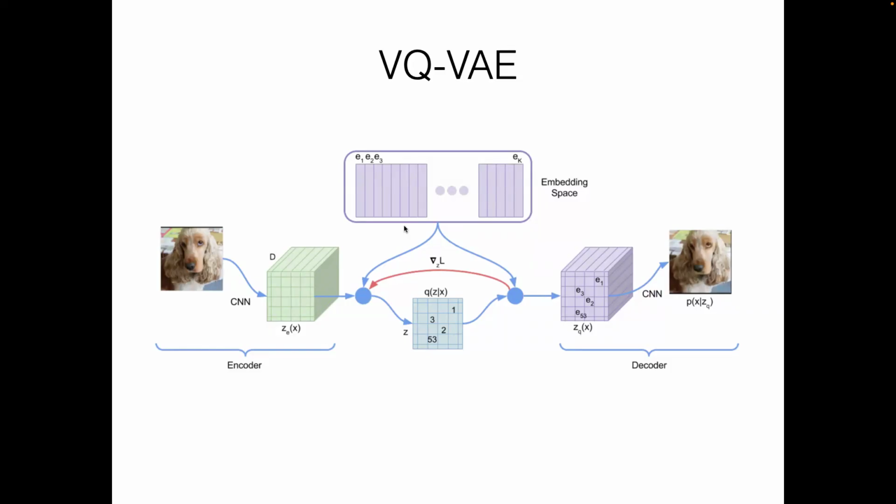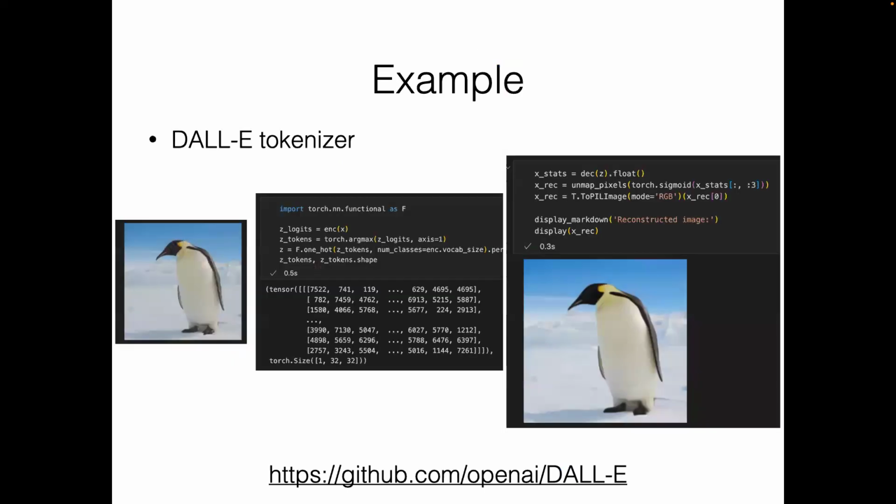Okay, so this picture's from their actual paper. So some examples of this. I put together a code example with a really simple example, but here's one that was actually trained by OpenAI and used in their DALL-E system. So maybe the surprising thing is that this does work to some extent.